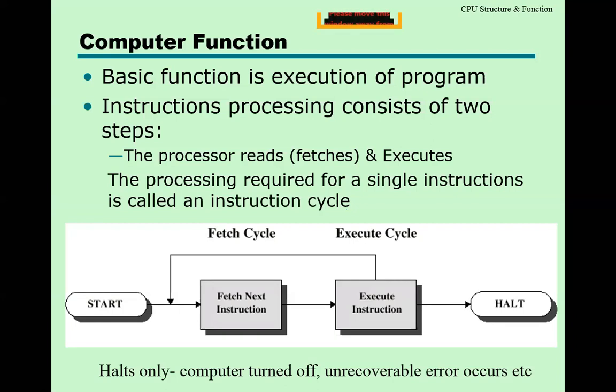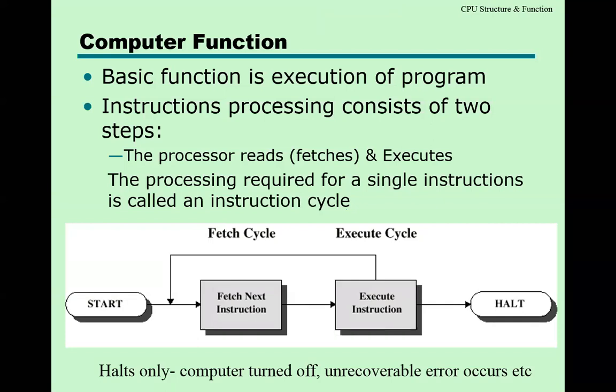First the instruction fetching is required and then the execution. So instruction processing consists of two steps: one is fetching and the second one is execution. Fetch means the processor reads the instruction and execution means to execute the instruction. The processing required for a single instruction is called the instruction cycle.